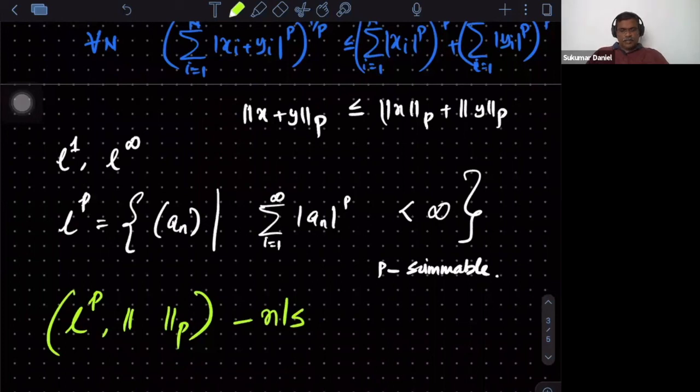So take a couple of minutes to check what properties you are using to say that it is actually a vector space, as well as that this p-norm is actually a norm. This is defined for all p, now including the L1 and L2 which we have already defined. This has created this many spaces.